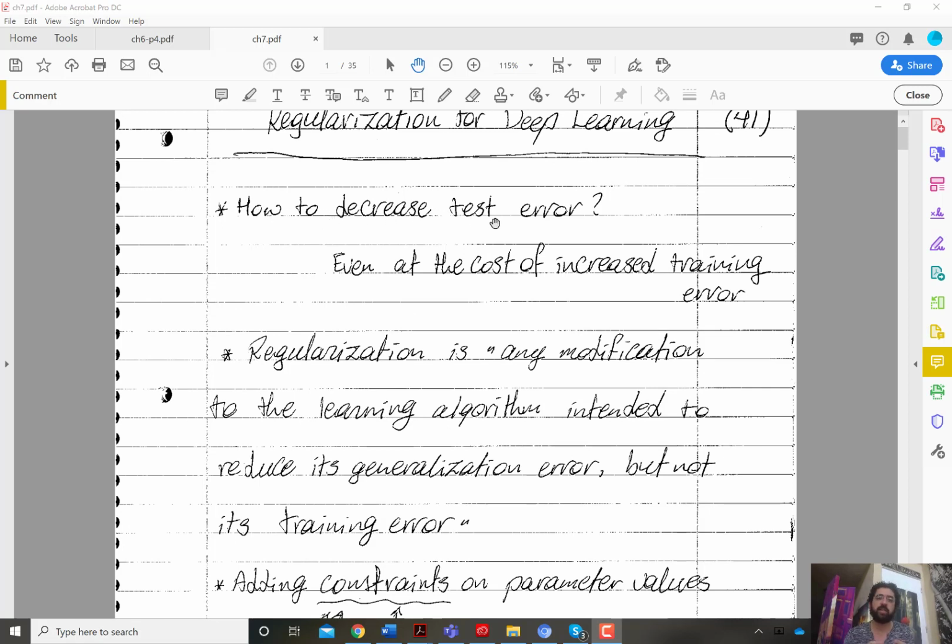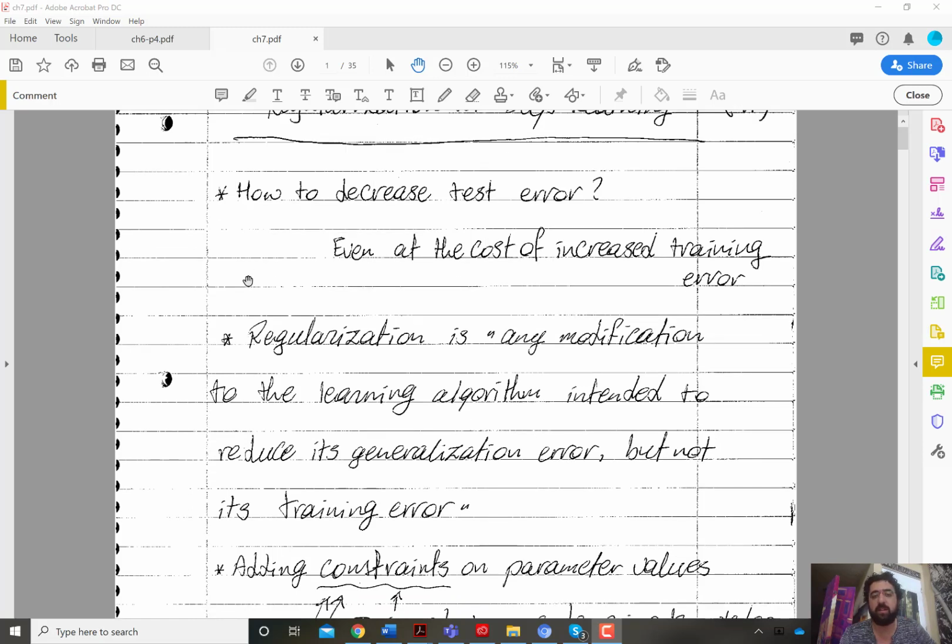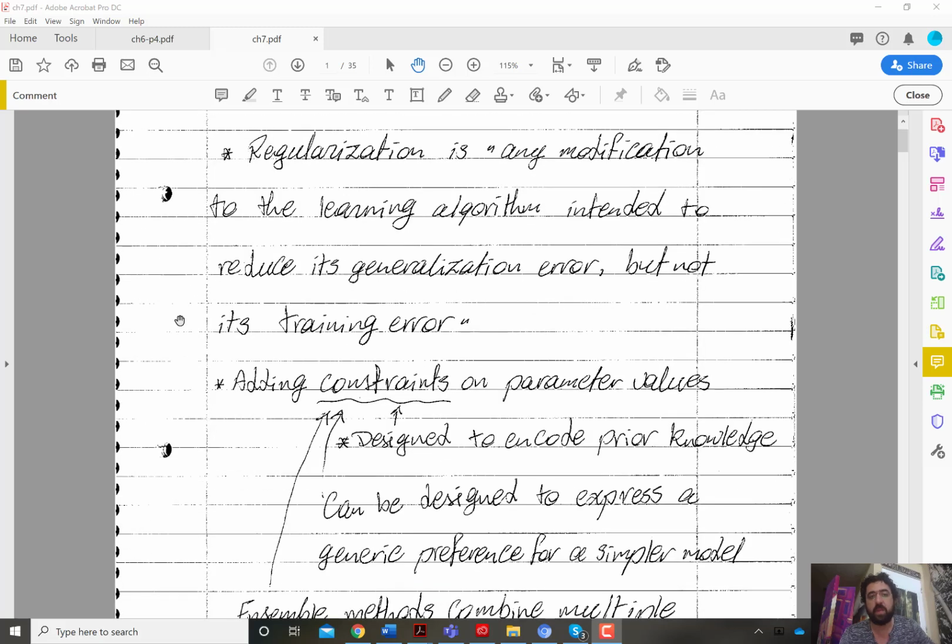And the test error is the error on the test data, the data that have never been seen during training, right? So that's why it's very important when you design a machine learning strategy never to include the test data in the training process, because then you would have no guarantee, right? So you use this data to have some kind of a guarantee on the test error. But if you include it in the training data, then there will be no guarantee on the test error.